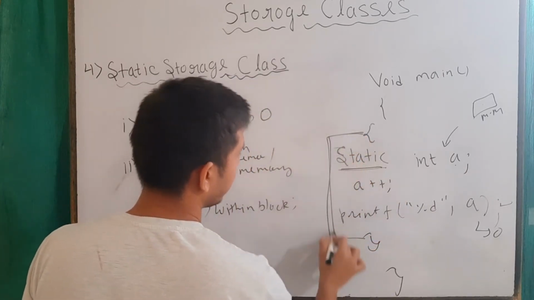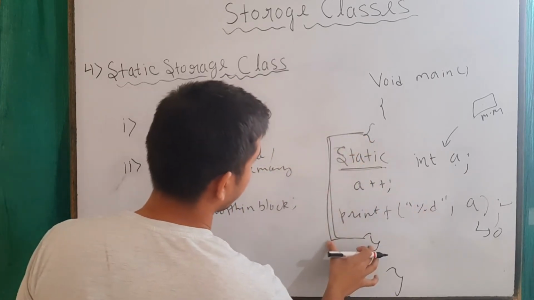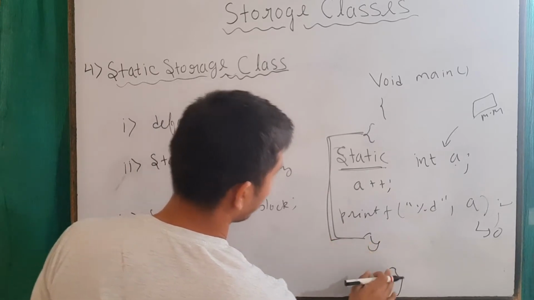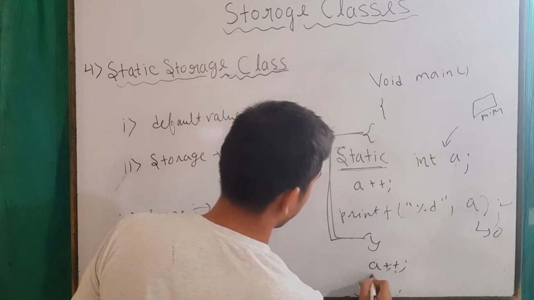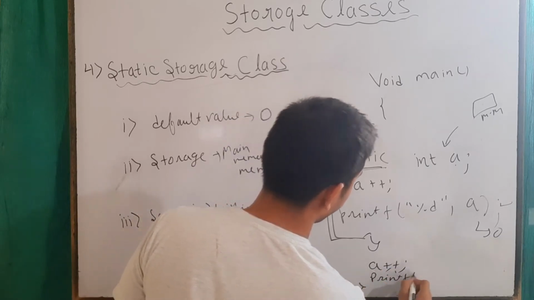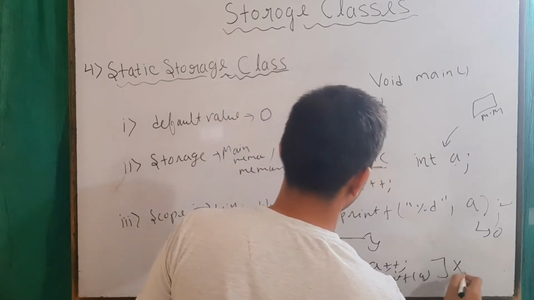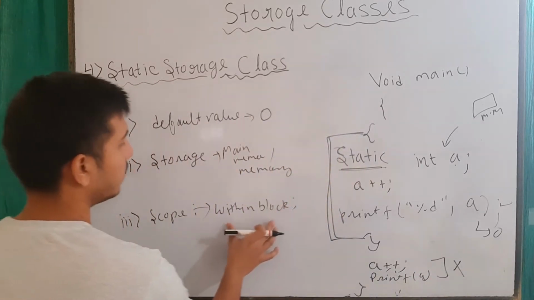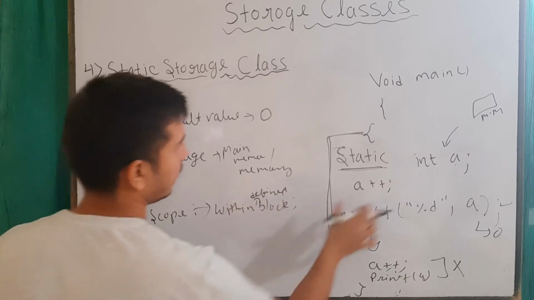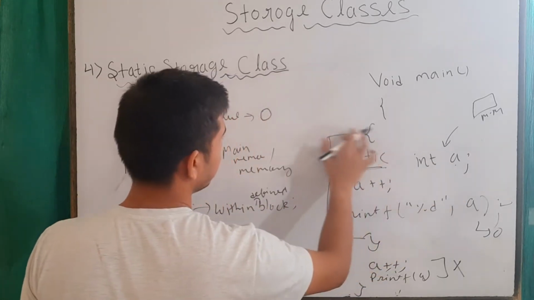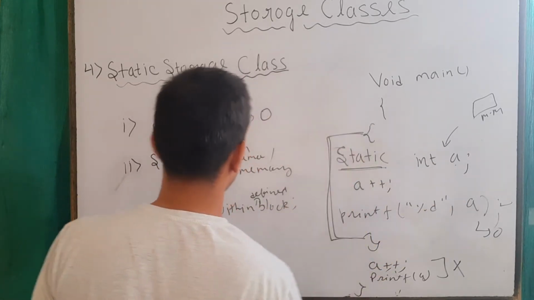But if I try to access this variable anywhere outside this block, let's say I do a++ here or try to printf of a, then these will give me an error. Why? Because the scope is within the defined block. Here it is defined, and this is its defined block, right?